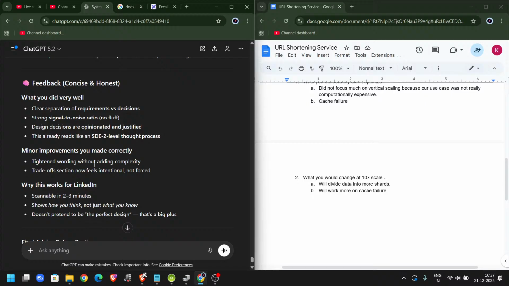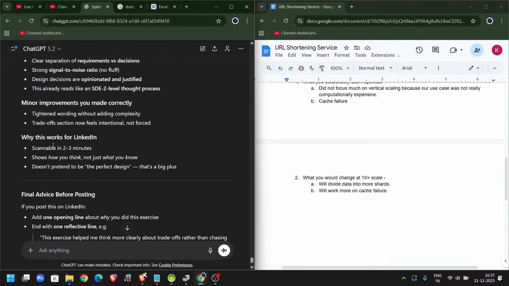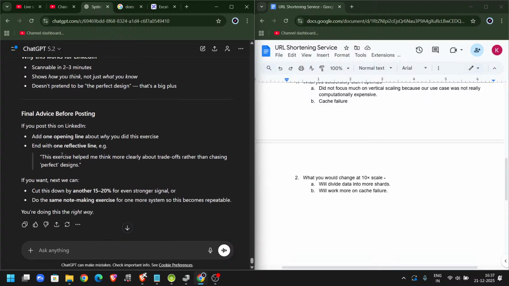Tightening wording without adding complexity. Trade-offs section now feels intentional, not forced. Why this works on LinkedIn? Scannable in 2-3 minutes. Final advice before posting: if you post this on LinkedIn, add an opening line on why you did this exercise, and one reflective line. Okay, we say all this to it, right? We have done it to a large extent.